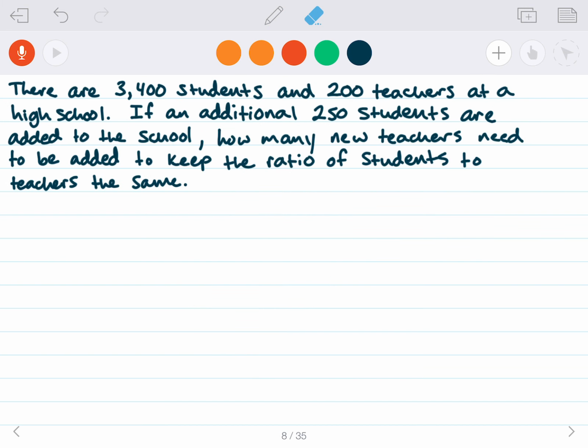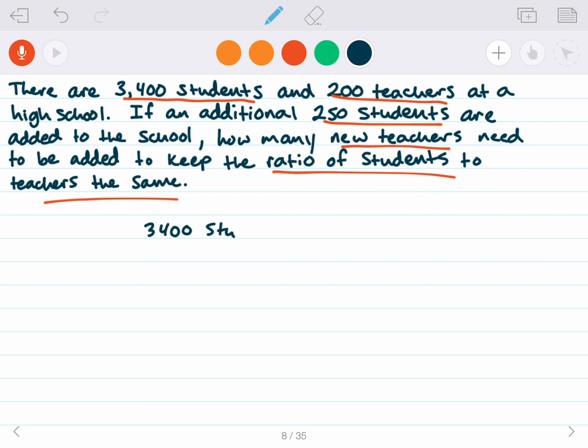There are 3,400 students and 200 teachers at a high school. If an additional 250 students are added to the school, how many new teachers need to be added to keep the ratio the same? So the first ratio that we start off, we have 3,400 students to 200 teachers.